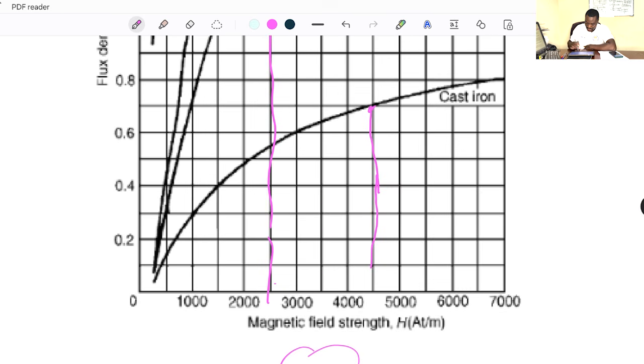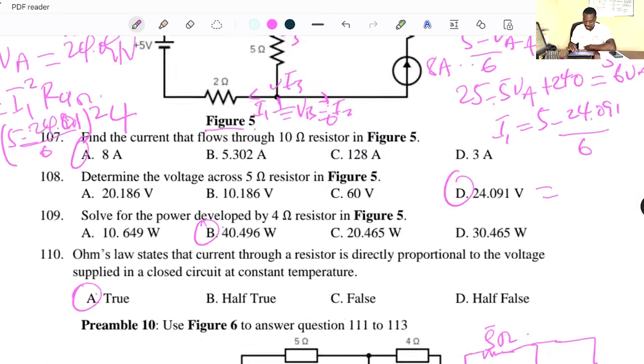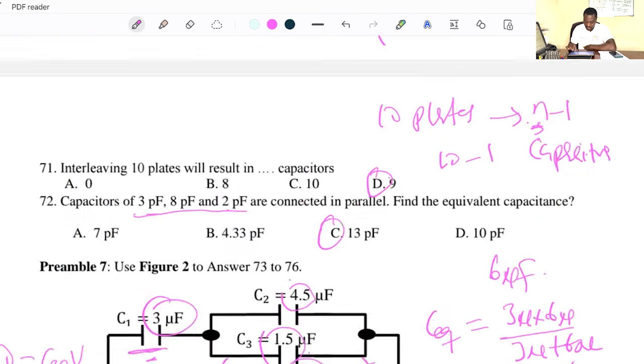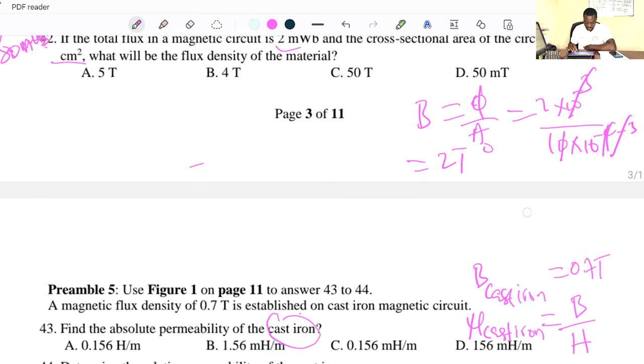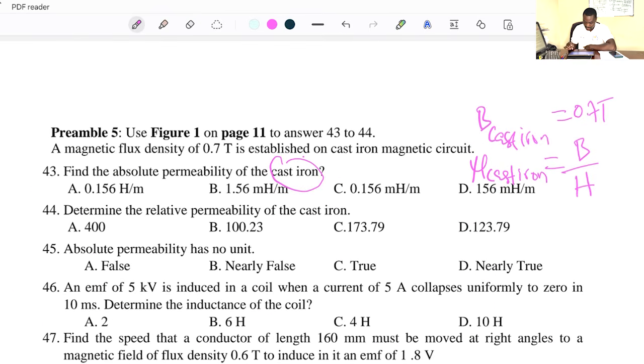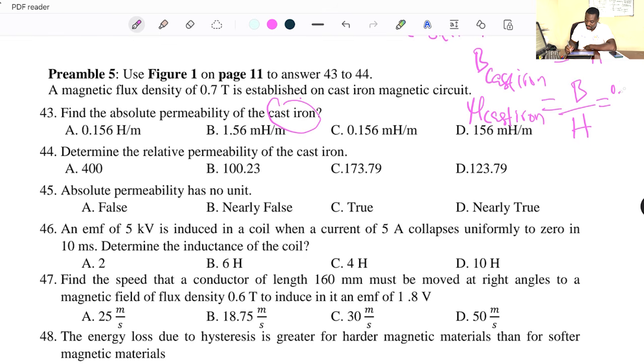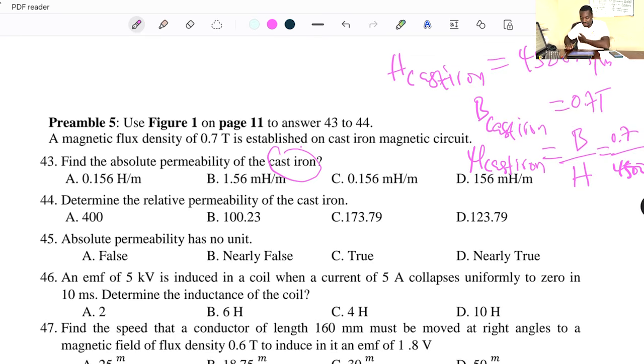We trace down, and that gives us 4,500 amps per meter as an estimate for cast iron. Then we get 0.7 over 4,500, right?